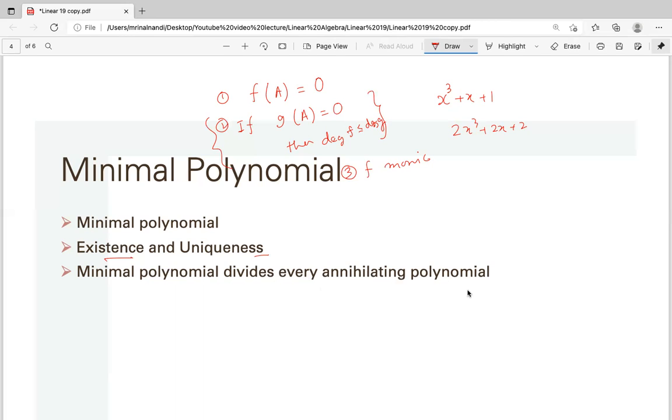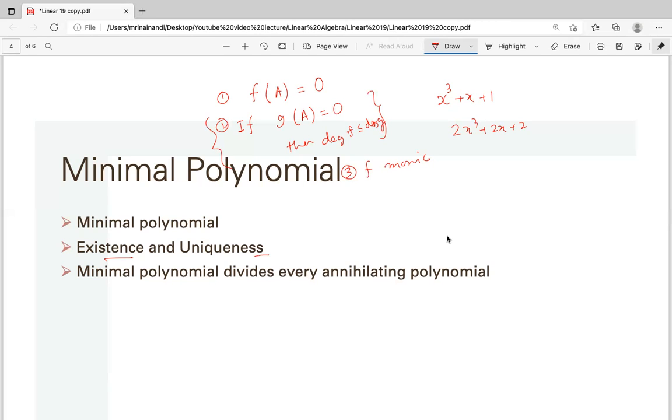Now, is this unique? Yes, it is unique. Why? Take two polynomials which are minimal. Since both have the least degree, the degree is the same, and both are monic. If two such polynomials exist, then the difference also annihilates A. Now the difference has a lesser degree.